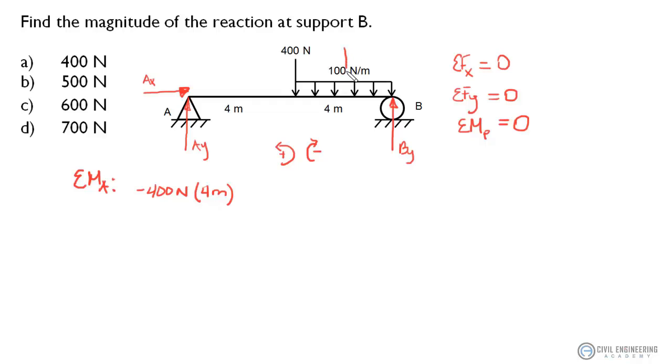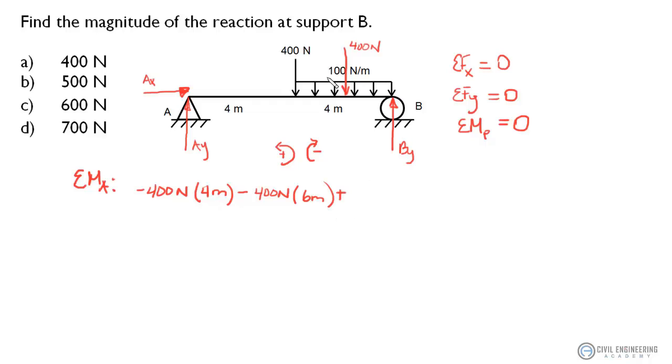Now we're going to model that as a single point load by taking 100 newtons per meter and multiplying it by 4 meters, the distance of the distributed load, to come up with a force of 400 newtons acting in the middle of that distributed load. So if we do that, we're coming up with another minus 400 newtons acting at 4 meters plus, this is halfway in, so we're 2 meters there, so that's 6 meters.